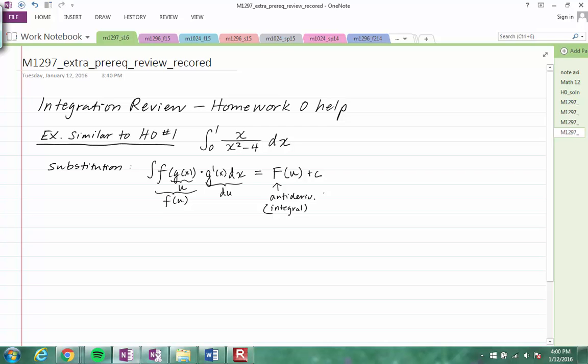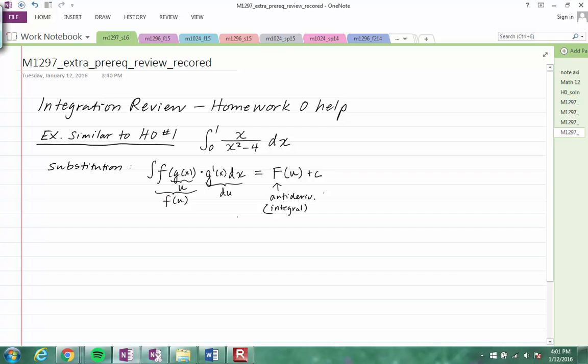So if you look at that, notice that in the denominator you've got x squared minus 4, and if you take the derivative of that you get 2x. So 2x is not quite x, and it turns out if it's just a factor of 2 there, then you can fix that.